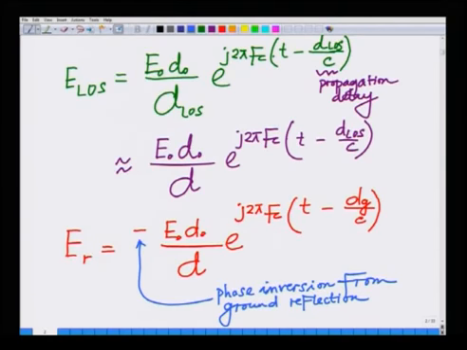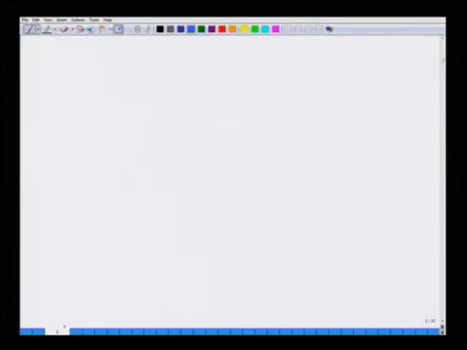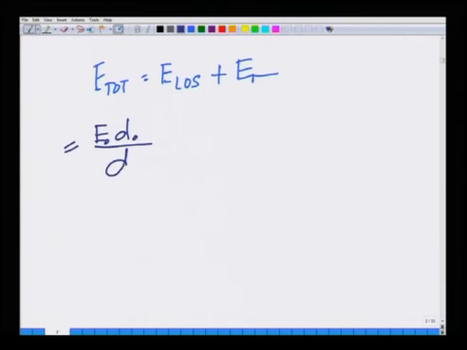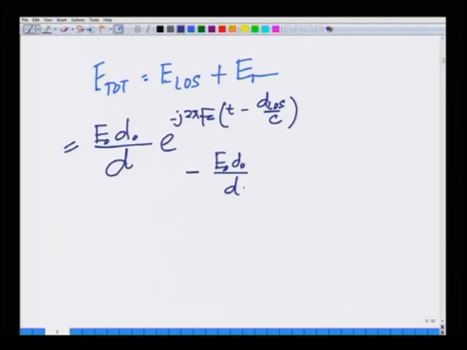Now, the received signal is nothing but the sum of these two signals, that is E LOS and E R, and hence the total, as we had said before, is nothing but E LOS plus E R, which is essentially E naught d naught by d e to the power of minus j 2 pi f c t minus d LOS by c, minus E naught d naught by d e to the power of minus j 2 pi f c t minus dg by c.